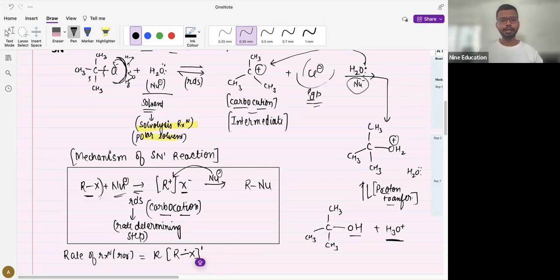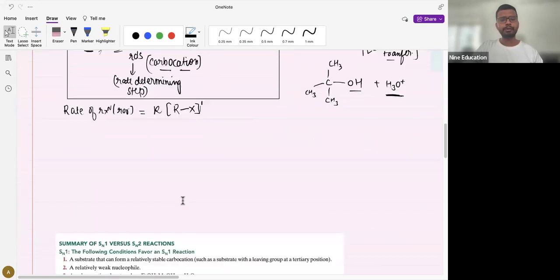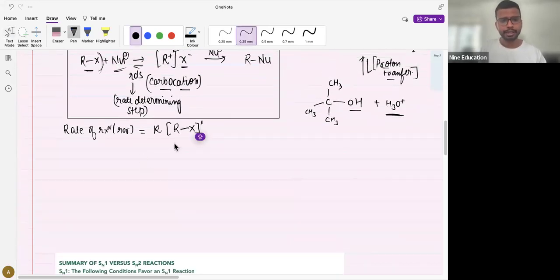So here rate does not depend upon nucleophile. Rate does not depend upon nucleophile, beta, in this reaction. So order of this reaction is 1.